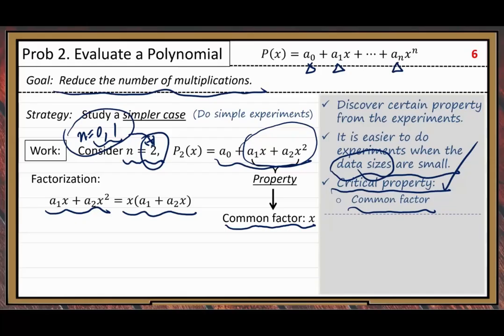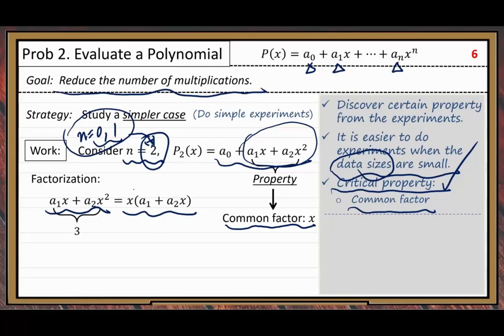So with two different forms, now let's do the counting. If we count the number of multiplications from the left-hand side form, what's the number? 1 plus 2 equals 3. The first term gives 1 multiplication. Second, 2 multiplications. So you add them up, you have 3 multiplications. But now let's do the counting on the right-hand side form.